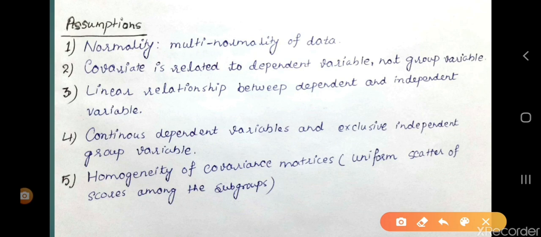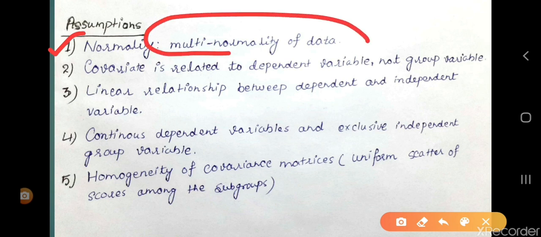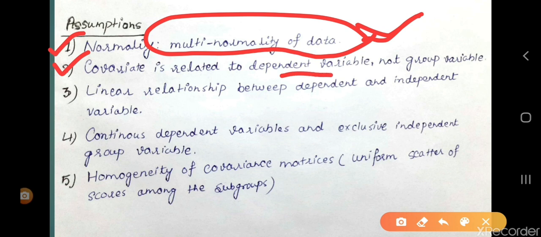So the basic assumptions of MANCOVA are: normality, meaning the multivariates are normally distributed, the data points of multiple variables are normally distributed. Next is that the covariate is related to the dependent variable, not to the group variable.